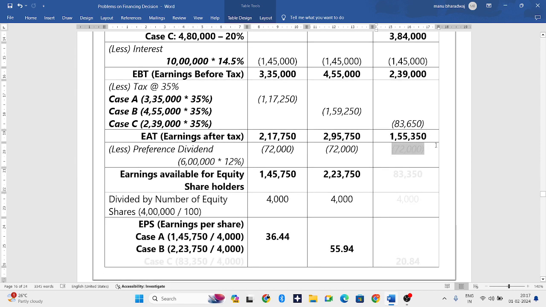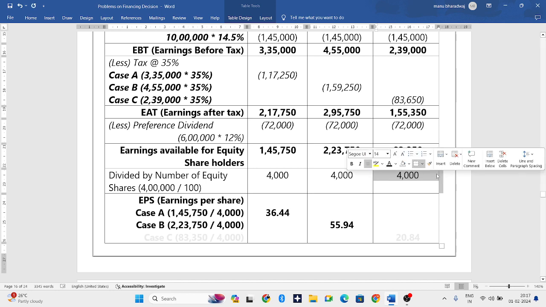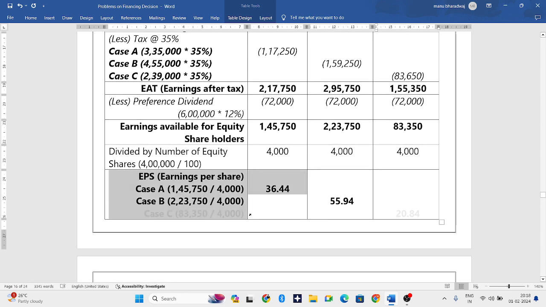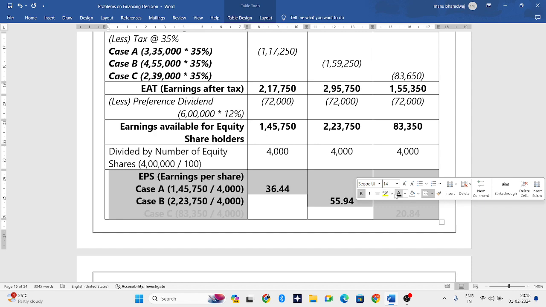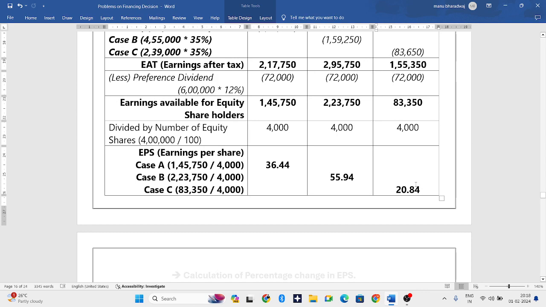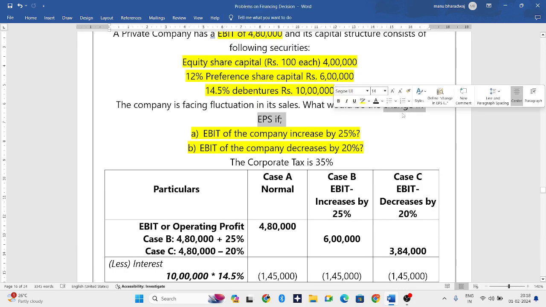From that, you have to reduce the preference dividend, 72,000. If you subtract both, you will get 83,350. That is the earnings available for equity shareholders, divided by the number of equity shares, 4,000. So 83,350 divided by 4,000 is 20.84. So EPS is 20.84.